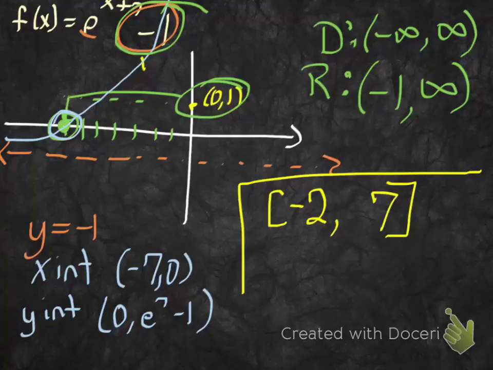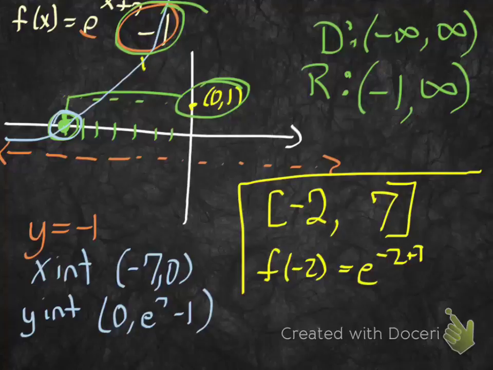All that's asking you to do is go find f of negative 2. And so that would be e to the negative 2 plus 7 minus 1. So that's e to the 5th minus 1. If they want it in decimal form, you would type that in your calculator.